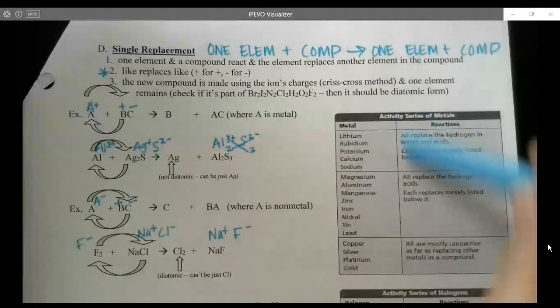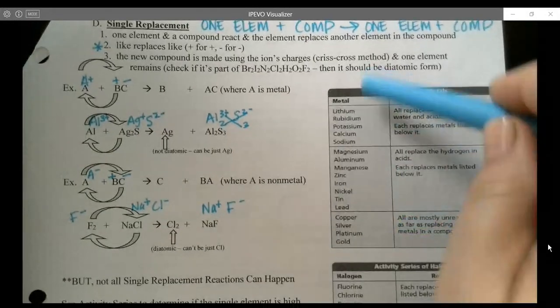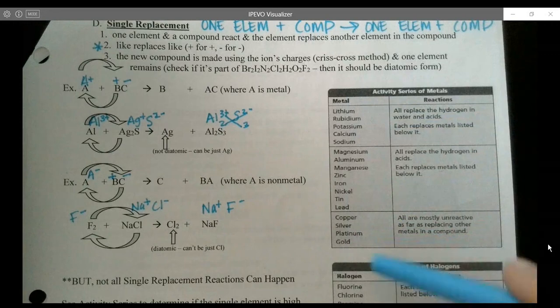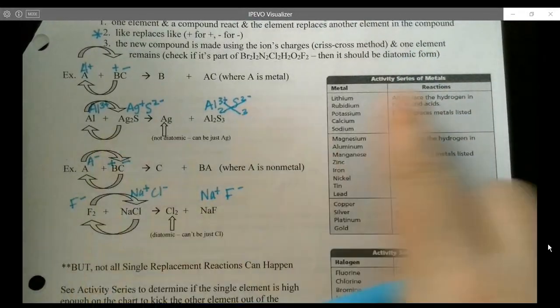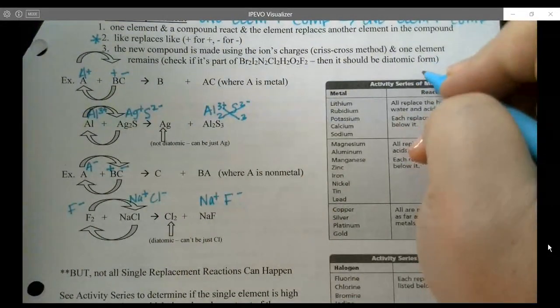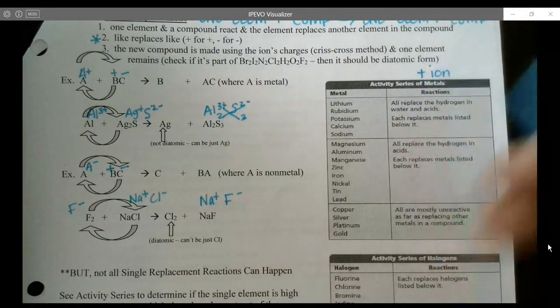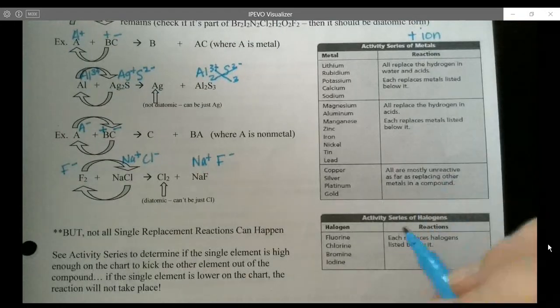So we have what we call the activity series, or this totem pole, if you will. We have one for metals, if the A is the positive. Okay, so this is if you've got a positive ion. And we've got one for halogens. This would be if you're a negative ion.